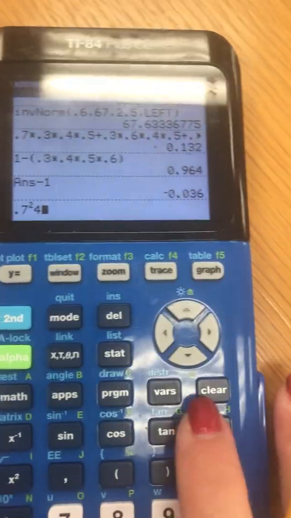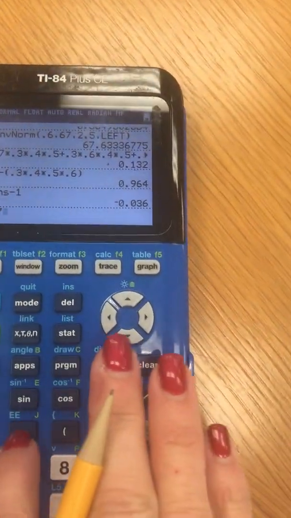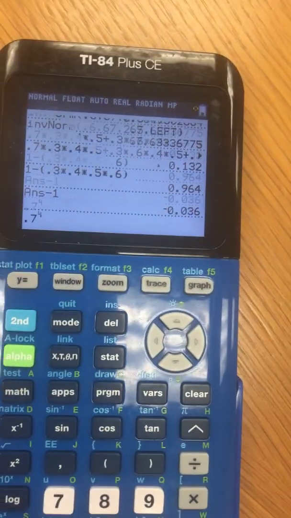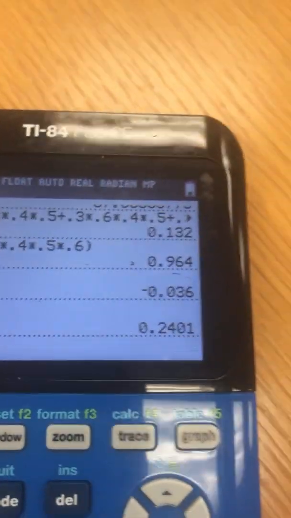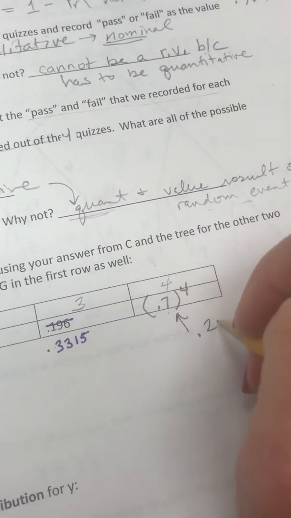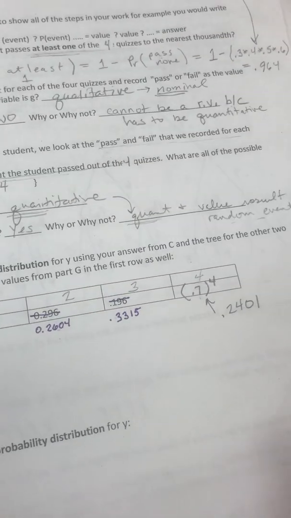Does that even look right? No. 0.7, so I'm going to sneak because I can't see. And then raise it, where's my caret? To the 4th power. 0.2401. So this guy as a decimal is 0.2401.